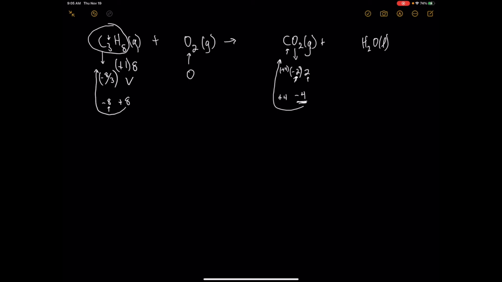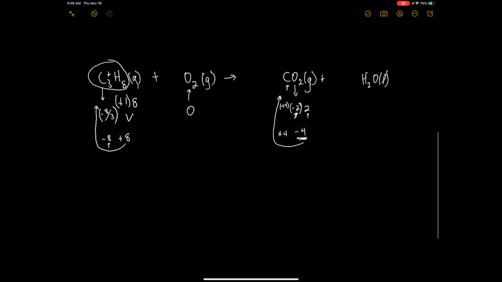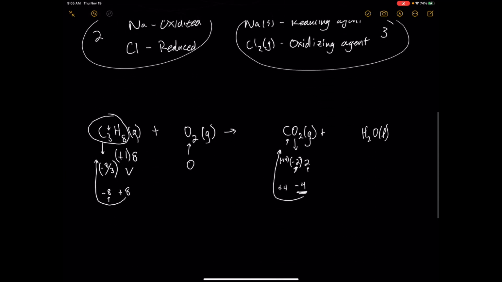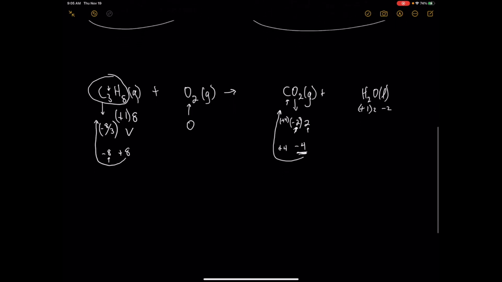Then let's tackle water, H2O, and hydrogen has a +1 oxidation state, and oxygen has a -2. So those are both things on my actual chart there. So there we go. Those even out. So now we've got all of our oxidation states set.